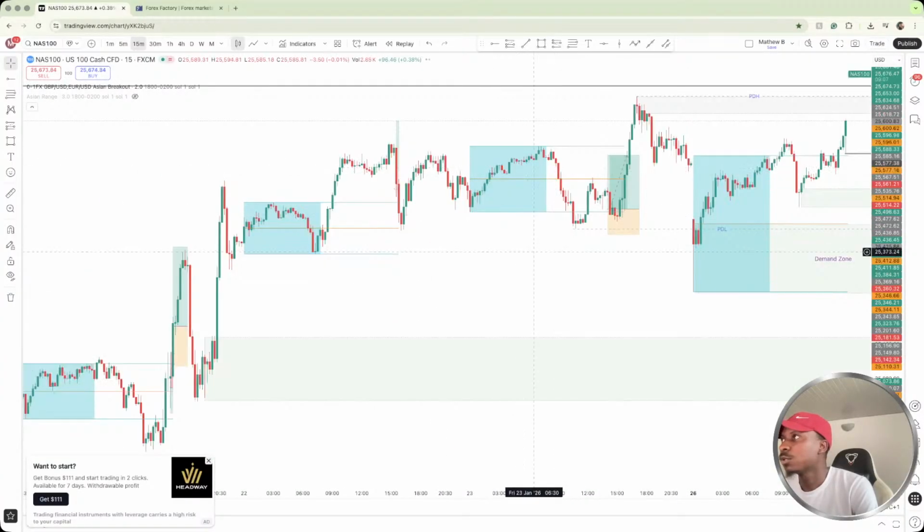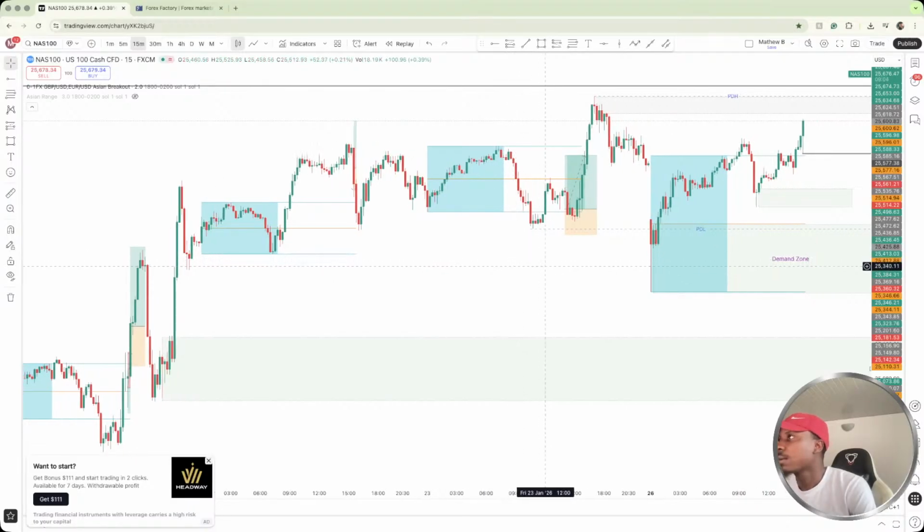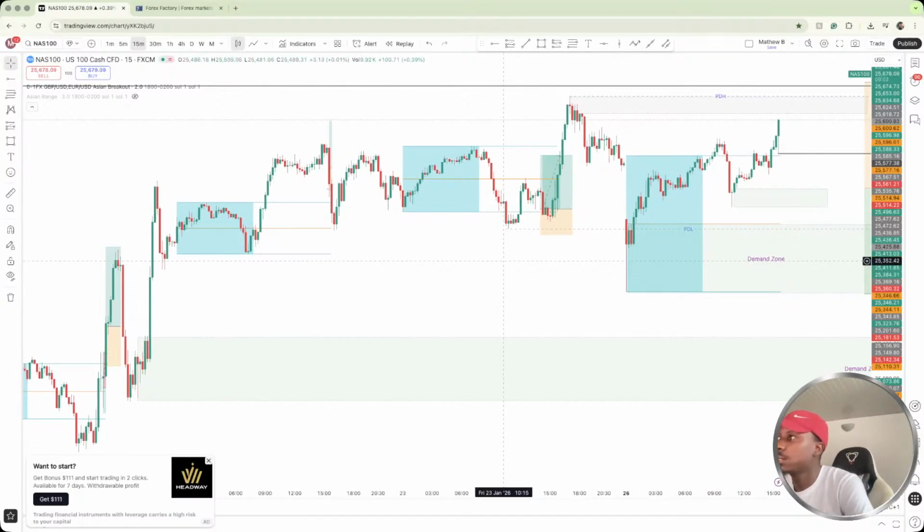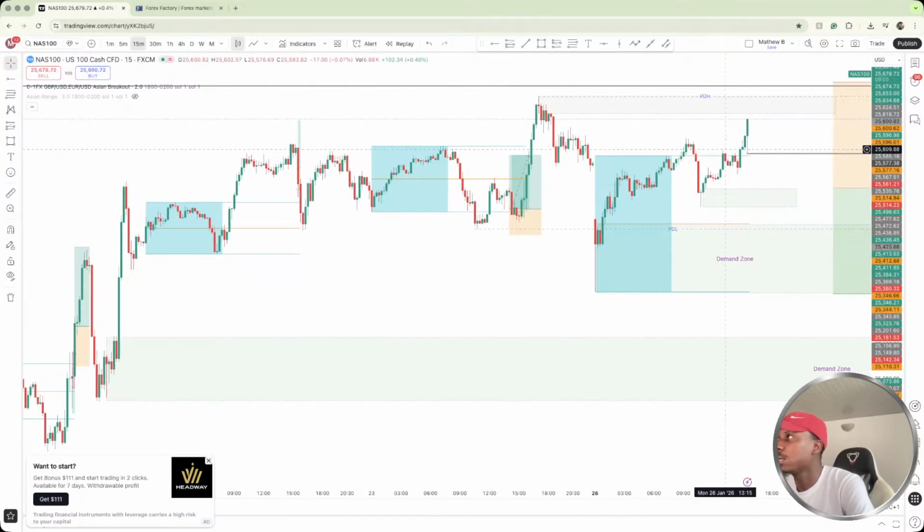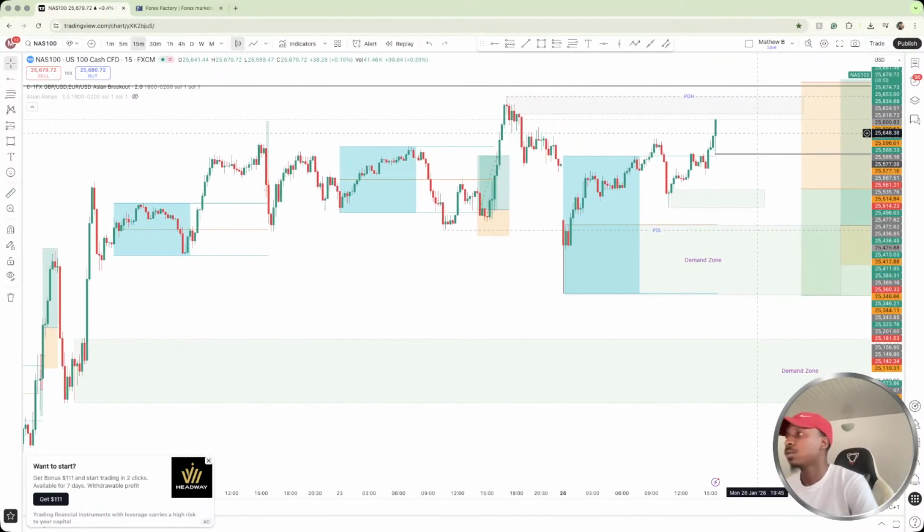NASDAQ is moving up slowly. We need to see some sort of reaction from this zone, and if we see a good reaction, it can tell us what to do. Maybe we're going to sell potentially on the short term, or we'll keep waiting for our buy to come.